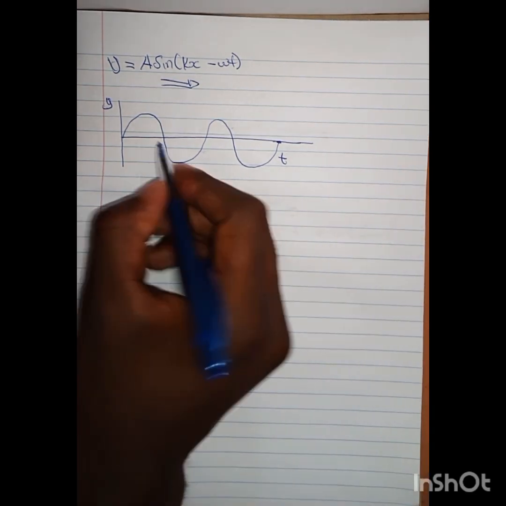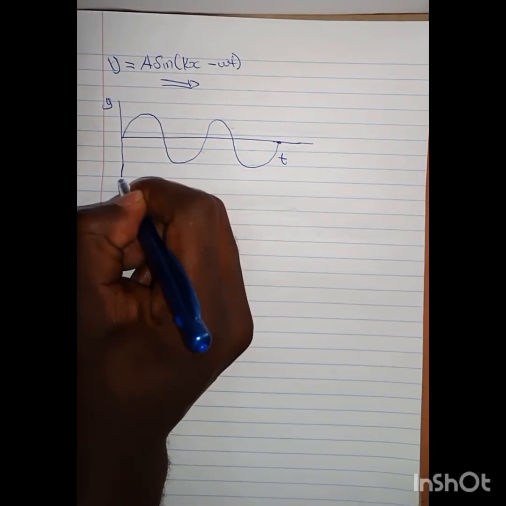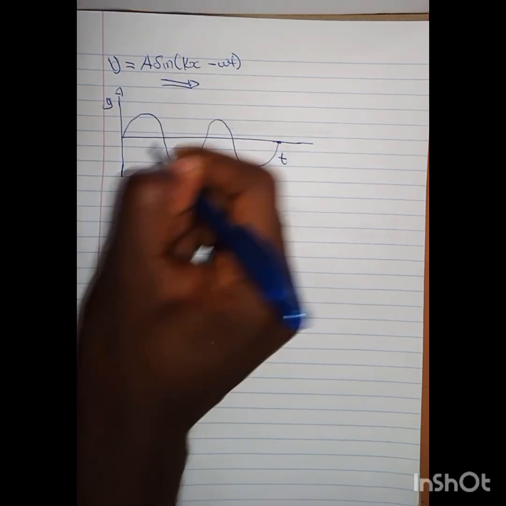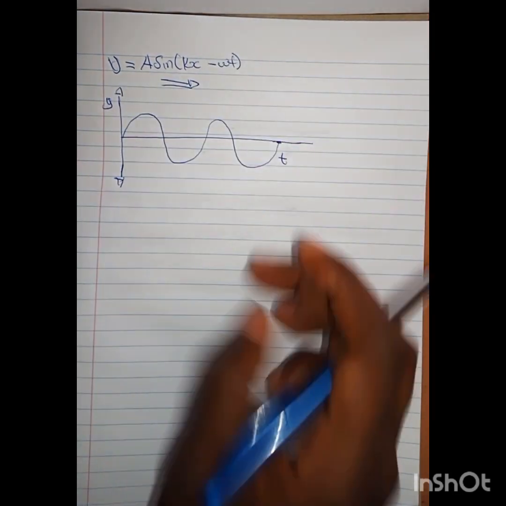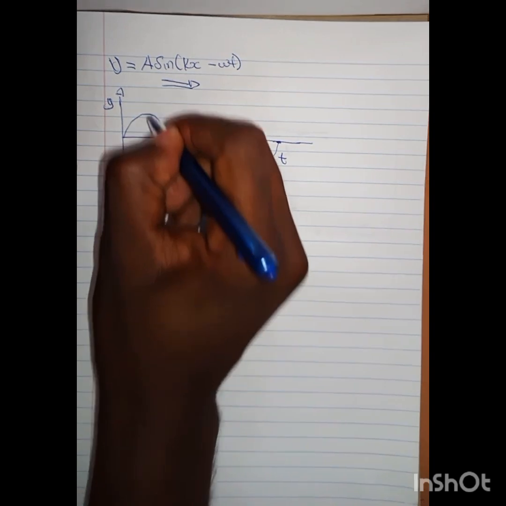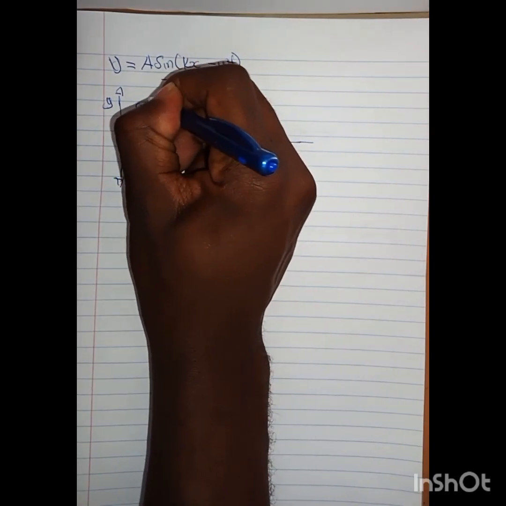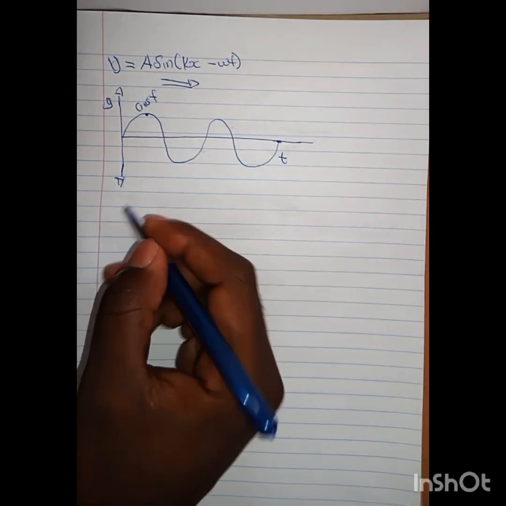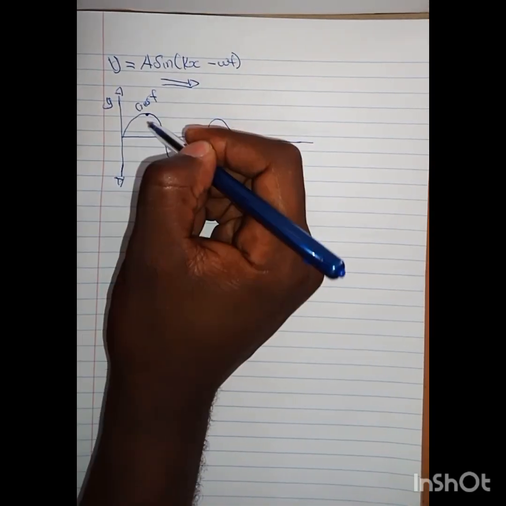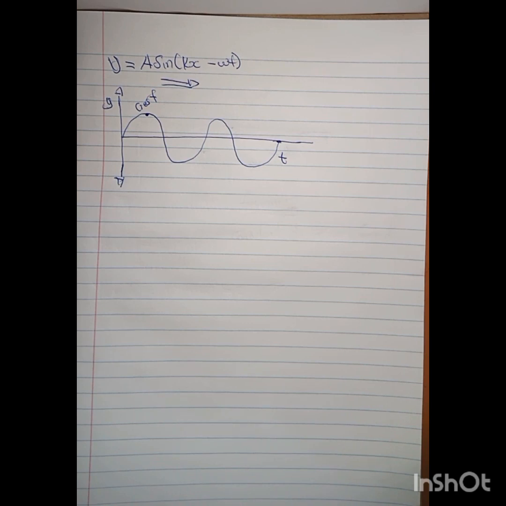Remember, we have some basic terms that we need to familiarize ourselves with before deriving this equation. We have this point over here, and this point is our crest. When we talk about the crest, it's the point at which the displacement of the element from its normal position is the highest.